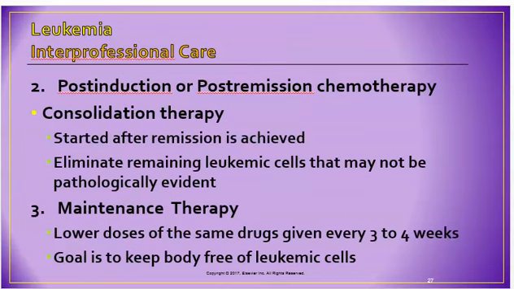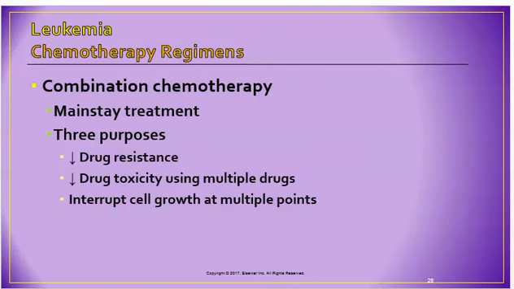Okay, so we want to eliminate the remaining leukemic cells that we can. Maintenance therapy, they're the same drugs, but they're given every 3 to 4 weeks. But these people have got to keep following up with their physician to make sure that things are going the way they want them to.